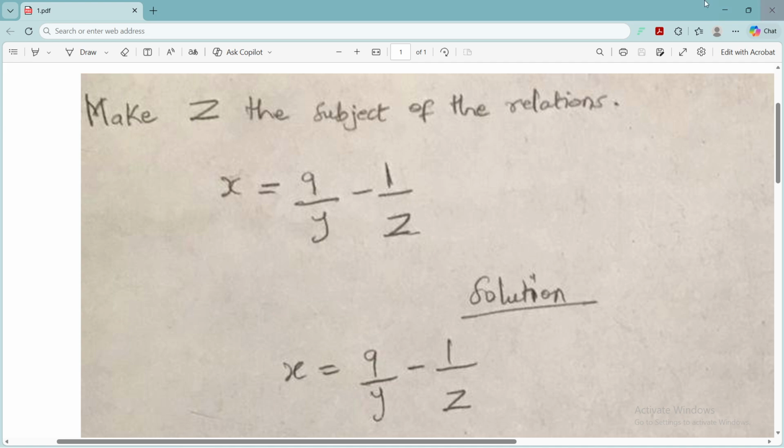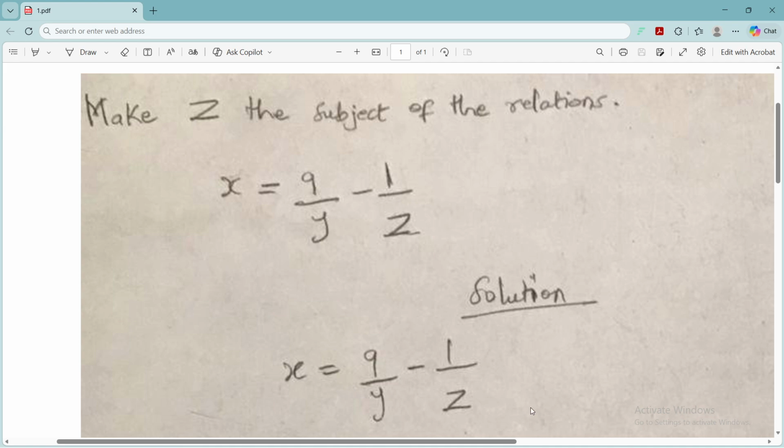So here, s is standing on its own, which is on the left hand side of the equation, right? And at the right hand side of the equation we have a subtraction of fractions, right?